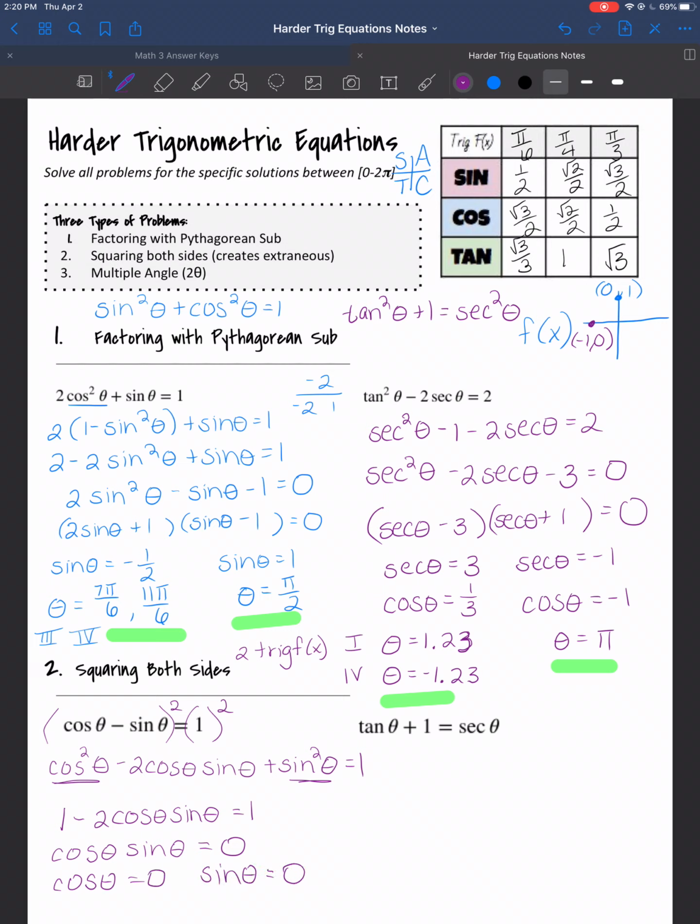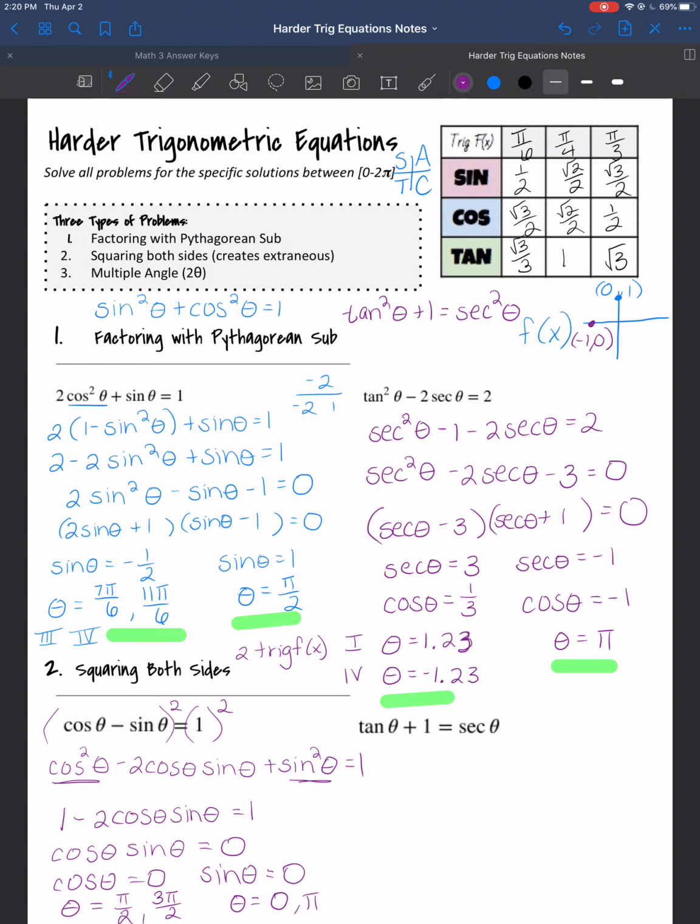So where does cosine equal 0 and where does sine equal 0? So this happens obviously on the quadrantal points. Cosine is equal to 0, the x value is 0, at pi over 2 and 3 pi over 2. And sine is equal to 0 at 0 and pi.